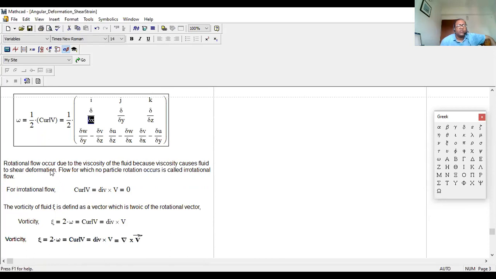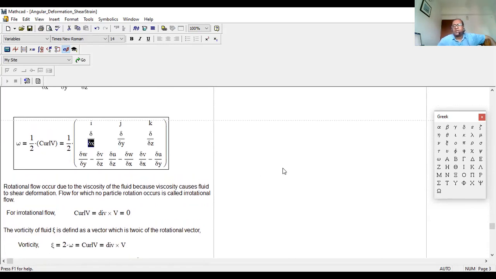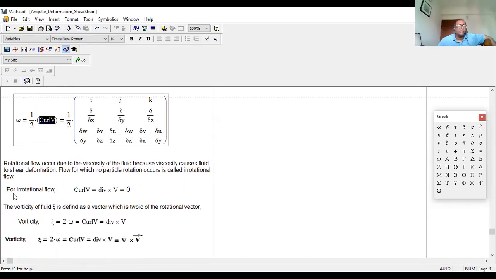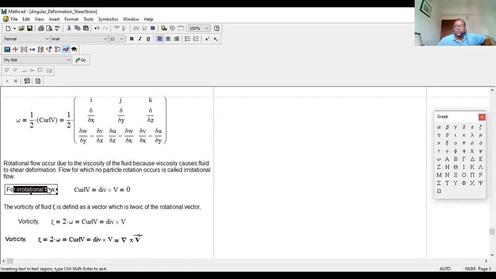Rotational flow occurs due to the viscosity of the fluid, because viscosity causes the fluid to shear and deform. But if there is no deformation of the fluid element, what will be the magnitude of this value? Anyone? 0. That will be 0. That's why we say for irrotational flow, curl of V equals 0.